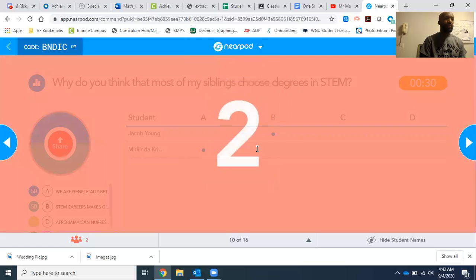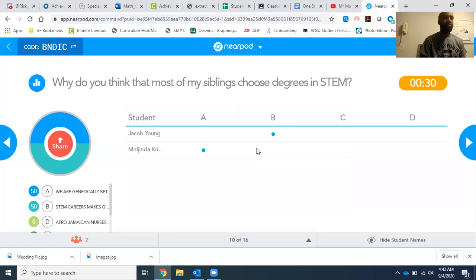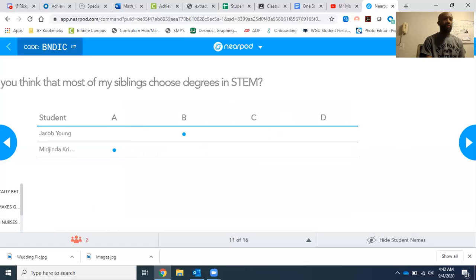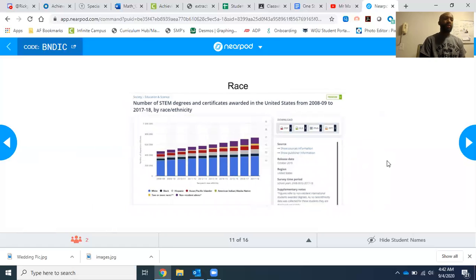Question is, why do you think that most of my siblings chose degrees in STEM? Why do you think? Now, as I continue to show you why I teach STEM, I have two graphs for you.